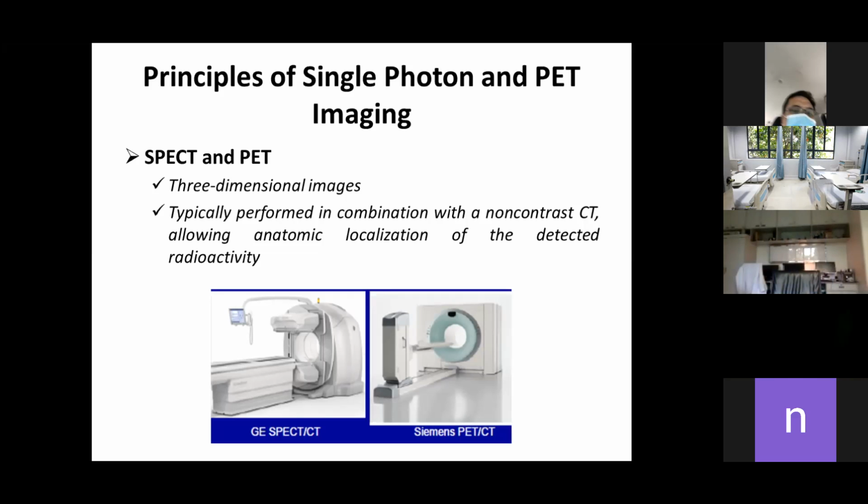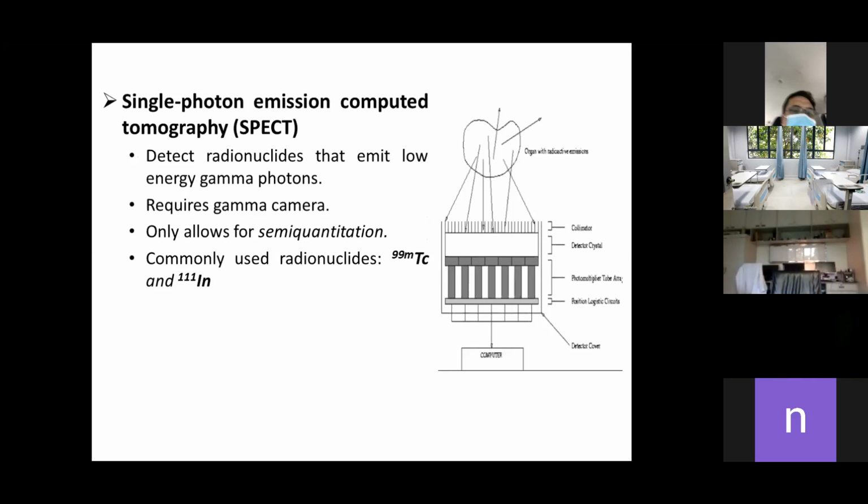So for single-photon emission computed tomography, or SPECT, it detects radionuclides that emit low-energy gamma photons. And this is also the imaging technique used in renal scan or scintigraphy, where function of the kidneys is being evaluated.